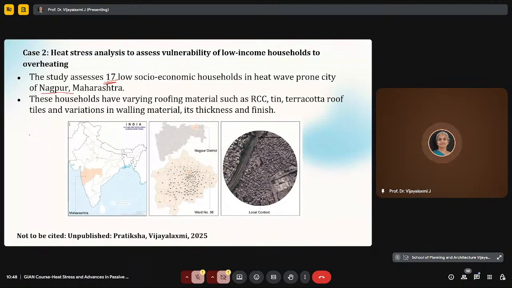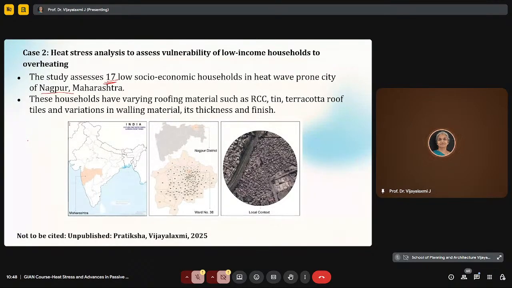Here the households have varying roofing material like RCC, tin, terracotta tiles, and also varying walling materials in terms of thickness and finish. Again, field measurements of indoor climatic parameters of all the households were captured using a data logger, and indoor WBGT is assessed again using the same Bernard and Ormagny method.